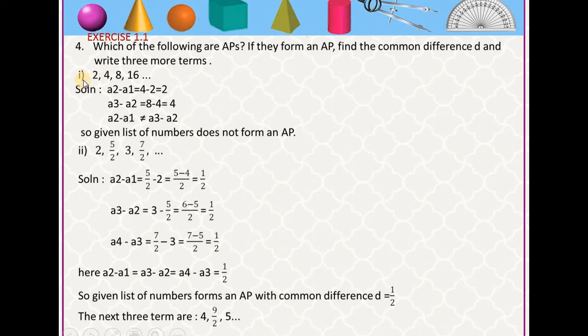Let us take the first question. 2, 4, 8, 16. The given list of numbers is given. We have to find whether the given list of numbers forms an AP or not. First let us find the difference. A2 minus A1. A2 is 4 minus A1 is 2, which is equal to 2.